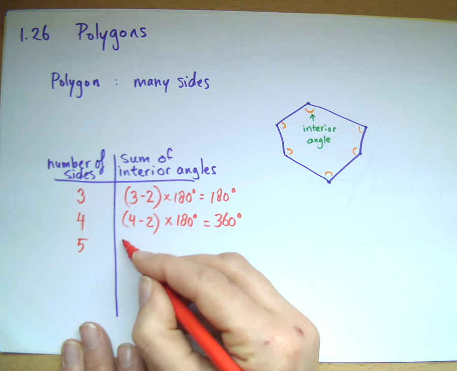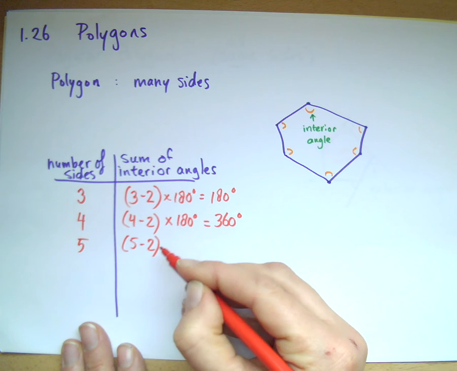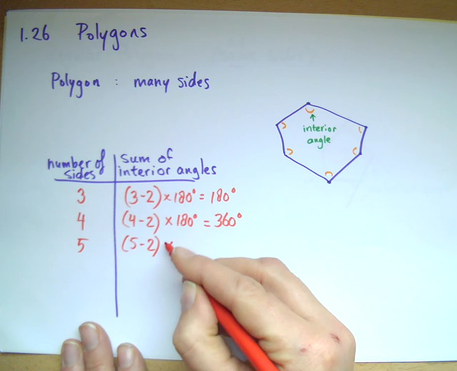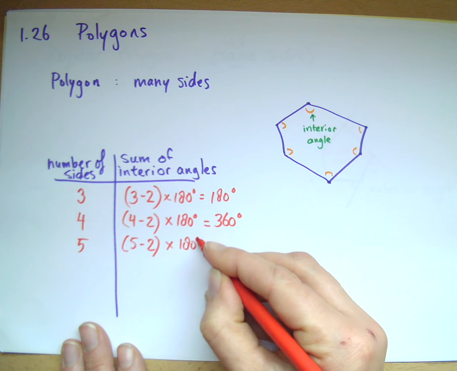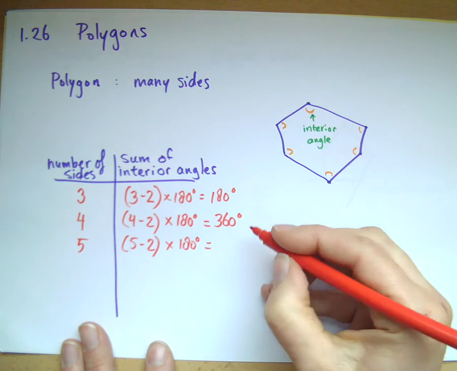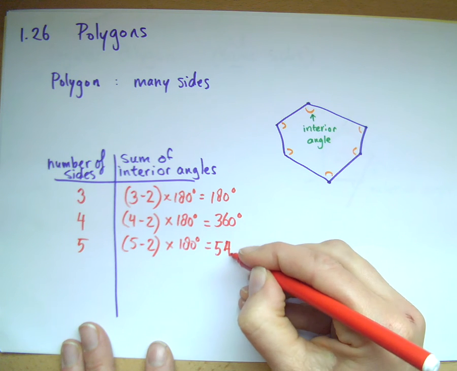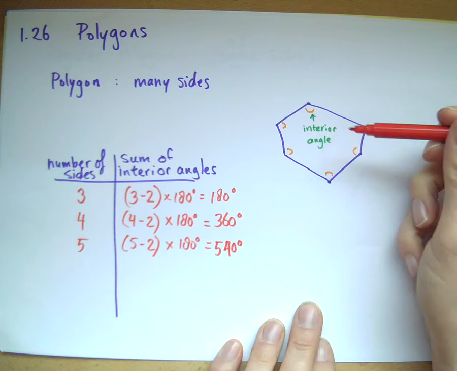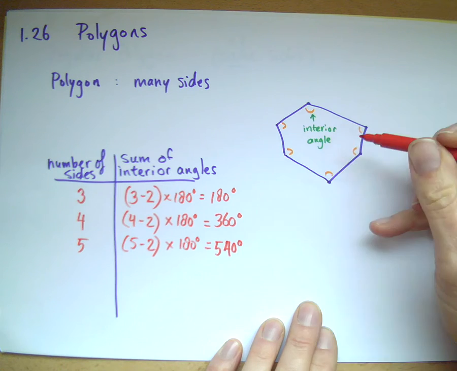When a shape has 5 sides, it'll be 5 minus 2, which is 3, times 180, which equals 540 degrees.